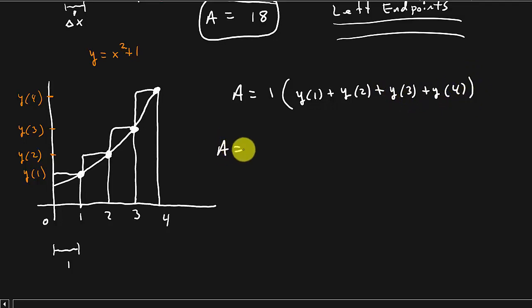And so the area is equal to 1 times, so I plug the 1 in, that's going to be 2. Plug the 2 in, that's 5. Plug the 3 in, that's 10. And plug the 4 in, that's 16 plus 1 is 17. And so the area is 24. Is that 34? Is the area? Let me make sure.